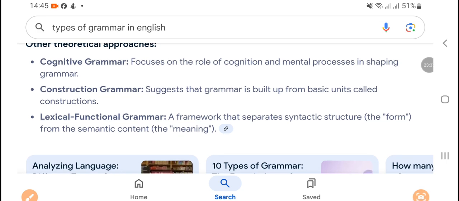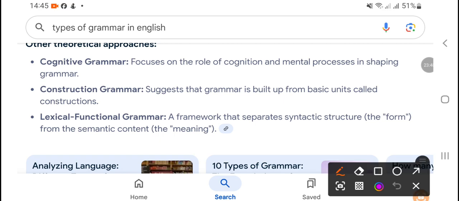Cognitive grammar focuses on the role of cognition and mental processes in shaping grammar. Means we have to understand, absorb, and then absorb the rules. So what's the mental process like?